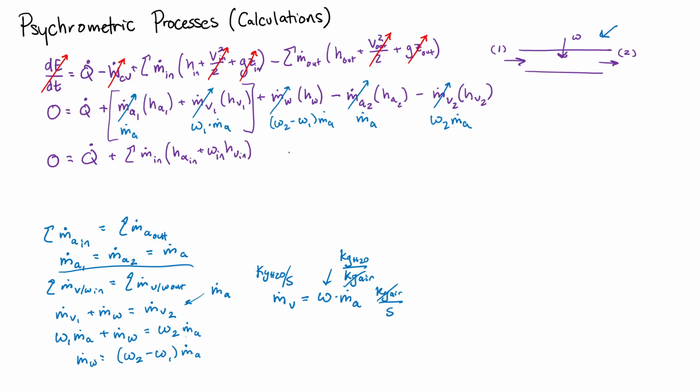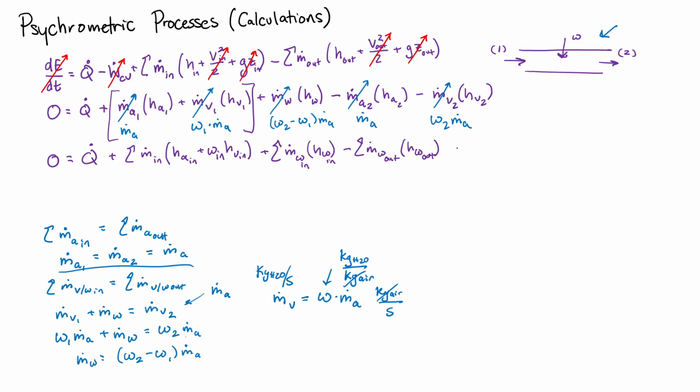And then I am going to add the sum of my m dot water in times h water. This is the water term, so I'm just going to leave it as m dot water for now. Know that we could make that blue replacement if we wanted to. If we've got multiple waters coming in, technically I could also have a term which is the sum of the m dot waters out times the h of water out.